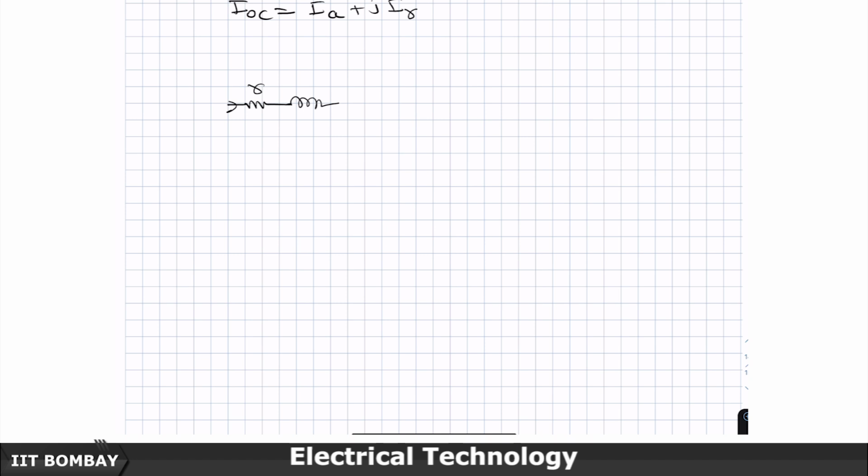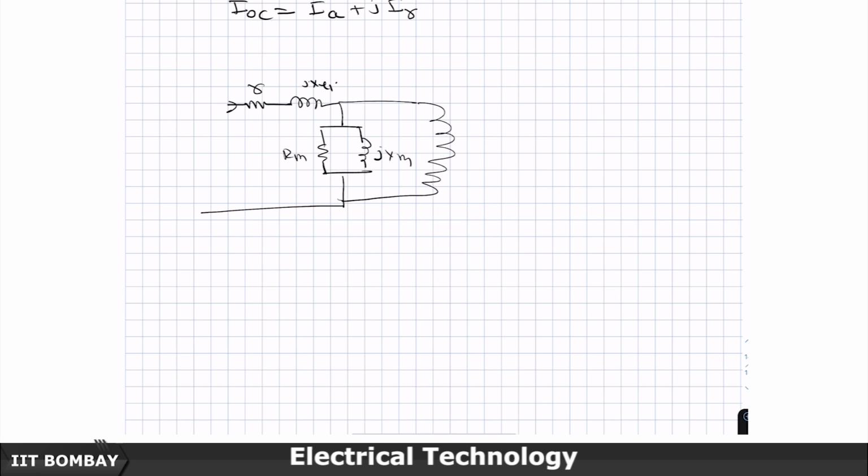Therefore, everywhere the drops have to be proportional to the current, the elements should come in series, and then I have Rm, jXm, and then the primary part of the ideal transformer, and this side looks to the supply side.